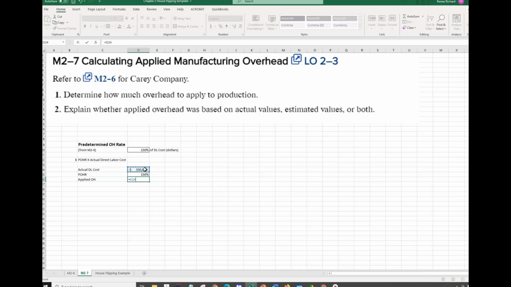So we're going to take 550,000 times 150%, and we're going to come up with $825,000. That's how much we're going to apply to this production or this job. It could be one job, it could be 4 jobs, but that's the rate we're going to use, and we'll apply it based on the actual direct labor costs for each of those.